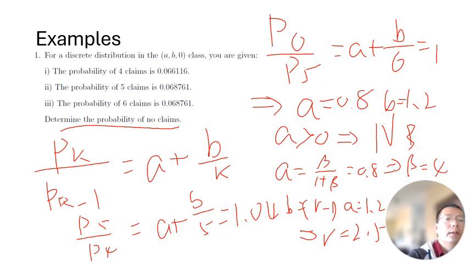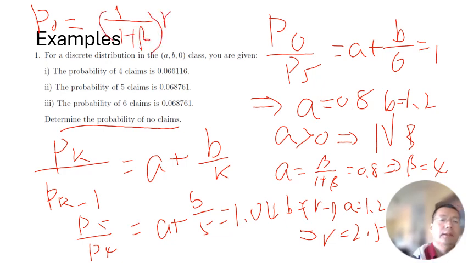Then the probability of no claims, p0, will just be (1 plus β) to the power of minus r, that is, this to the power 2.5, which is 0.789.